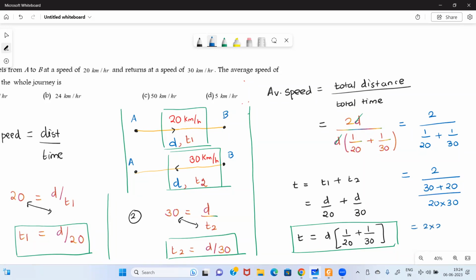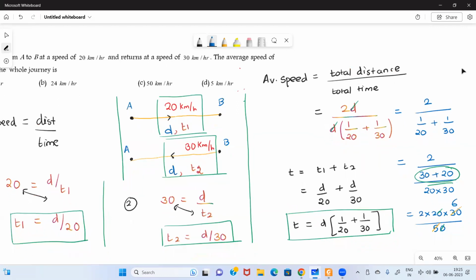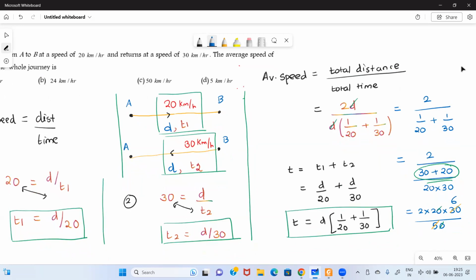So it will be 2 into 20 into 30 divided by, what is 20 plus 30? 50. So the 0 will cancel. 5 and 30, 6 times. So the answer is 6 into 4, 24.